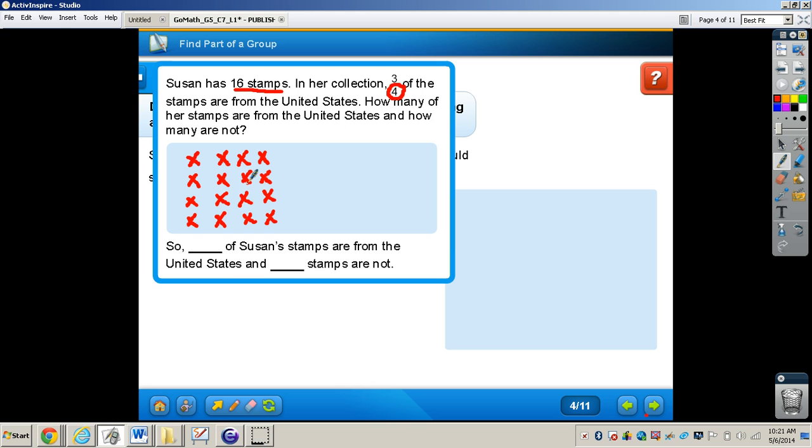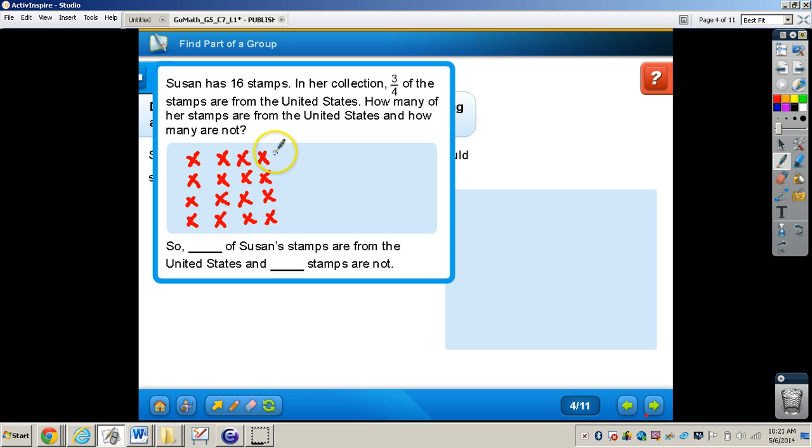Okay, so now what we need to figure out is, first of all, they are asking us how many of her stamps are from the United States and how many are not. So we know in her collection, 3/4 of the stamps are from the United States. Okay, so let's use a different color of ink to represent these 3/4.